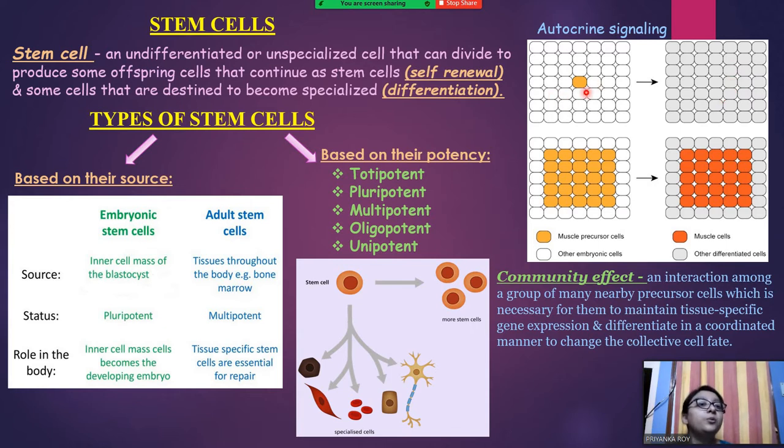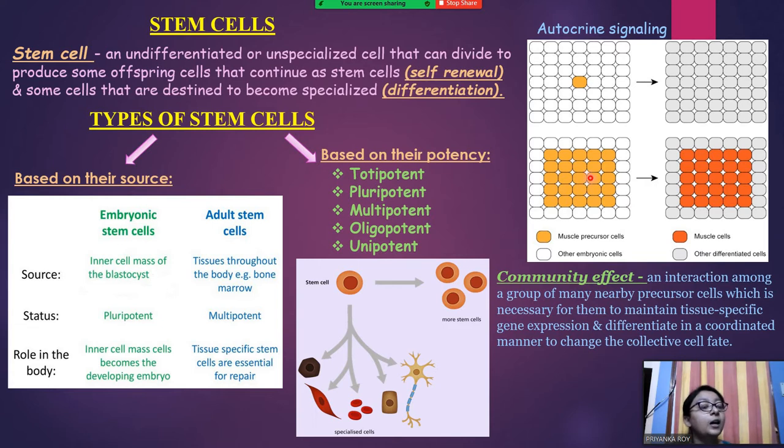Why? Because the inducer of this particular precursor cell is very less compared to the inducer molecules of these other embryonic cells. Whereas here the concentration of inducer molecules is very much higher because all these cells are together secreting the inducer molecules. So this we can also call autocrine signaling. In autocrine signaling, I already told you that the inducer and responder is the same cell.